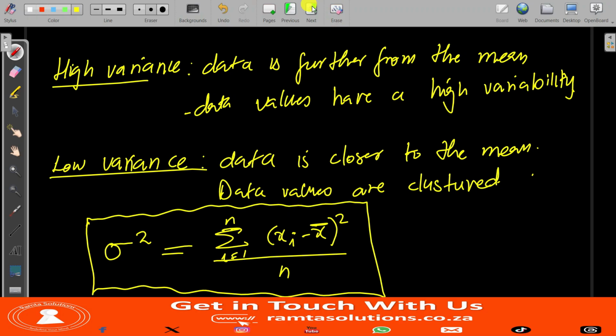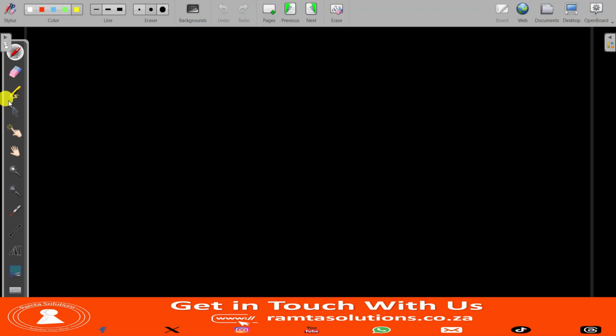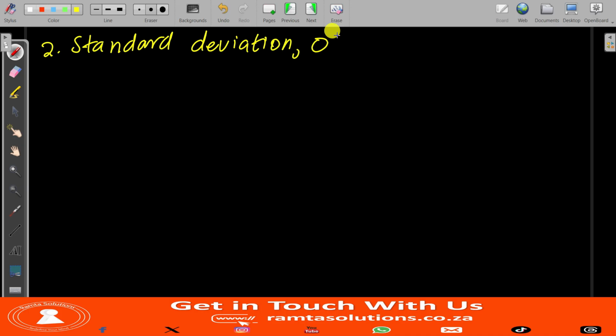Now, let's look at your standard deviation. Normally, this variance is used with standard deviation, right? So now let's look at standard deviation. Standard deviation will just be sigma. So what is this?